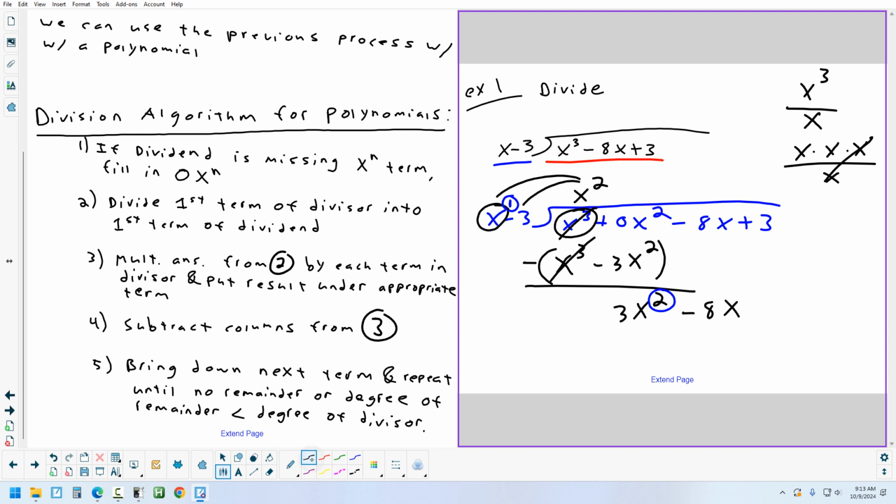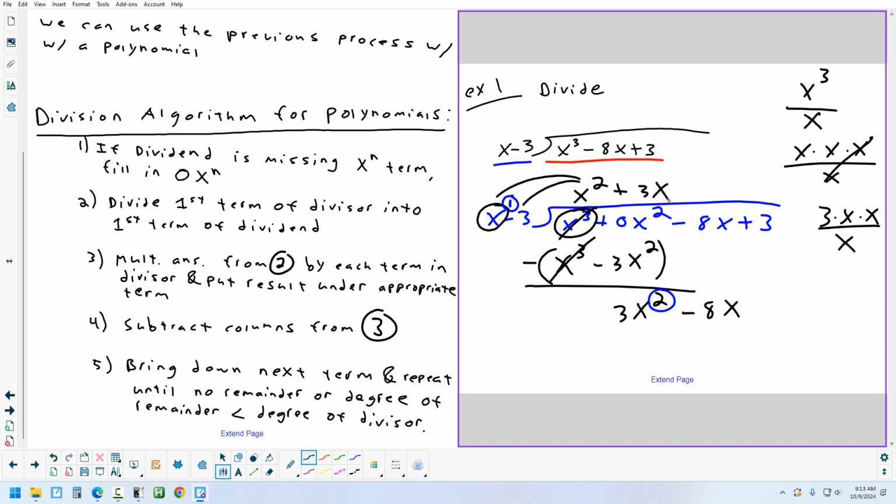So now, to start off your next step, you're going to take the first term on the outside, which is x, and divide that into the first term on the inside, 3x squared. So think of it as 3x times x. What do you get when you divide x into 3x squared? 3x. Yep.